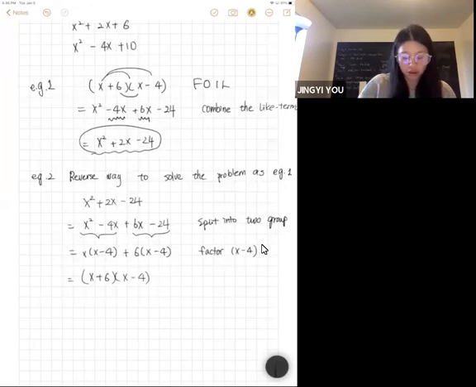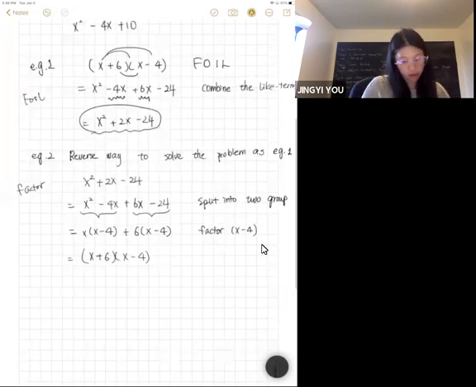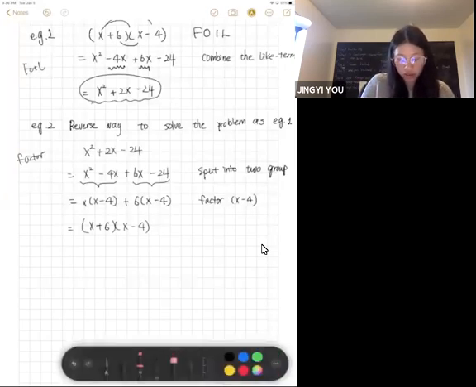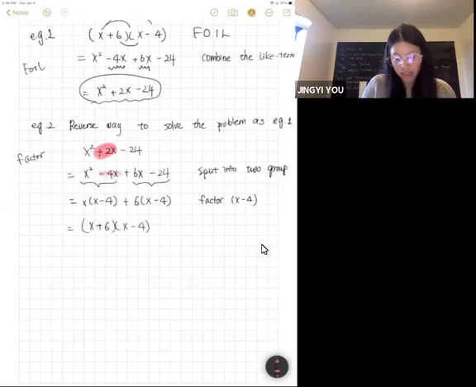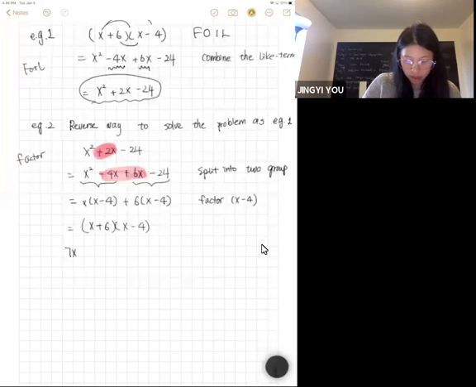So this part is called factoring. This is called FOIL. And then I have a question. When we split 2x, we split it as negative 4x and 6x. Is there any other way to split 2x? Let's try negative 5x and 7x.